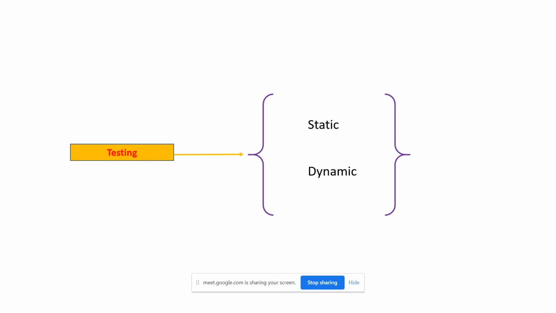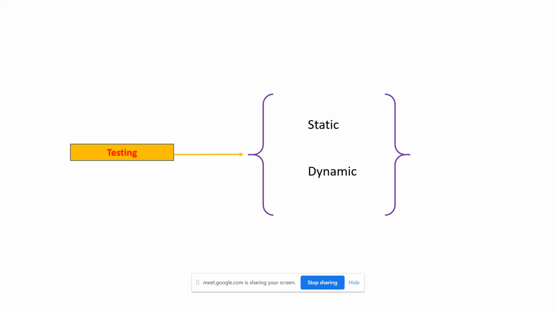So what does the term static mean? Any idea? Static means something which doesn't change. Dynamic means it will keep on changing, with the requirement and coding.